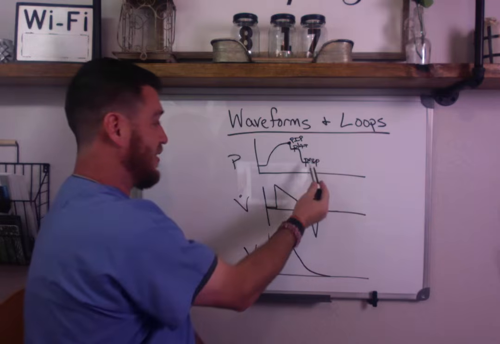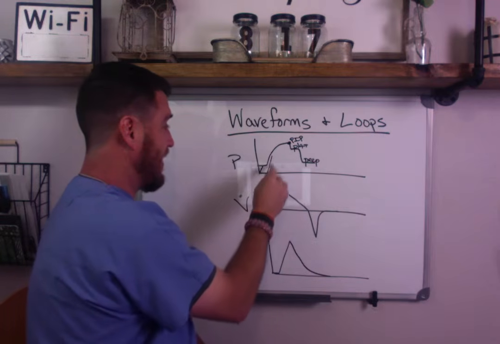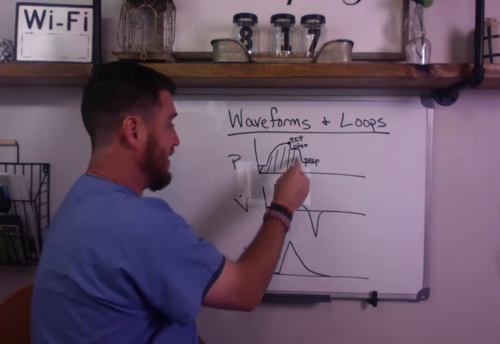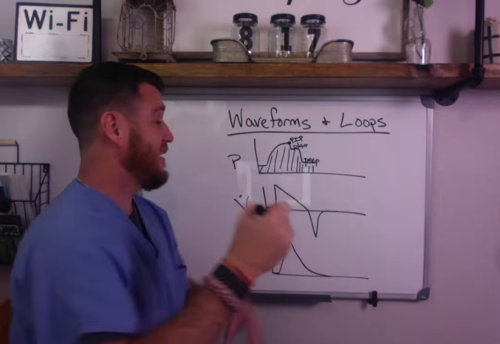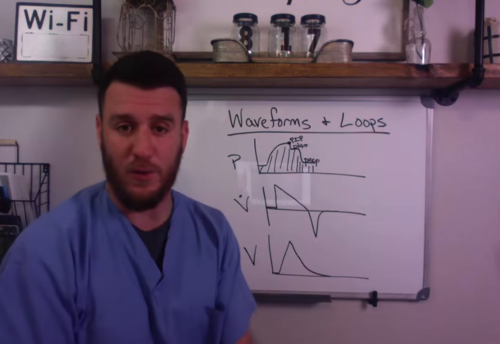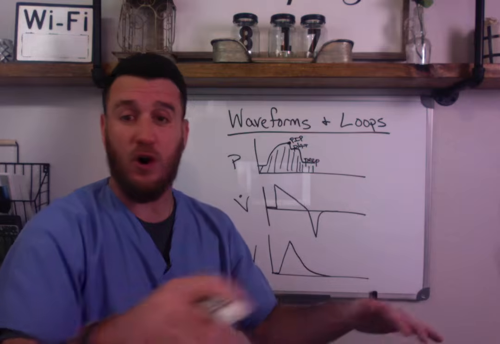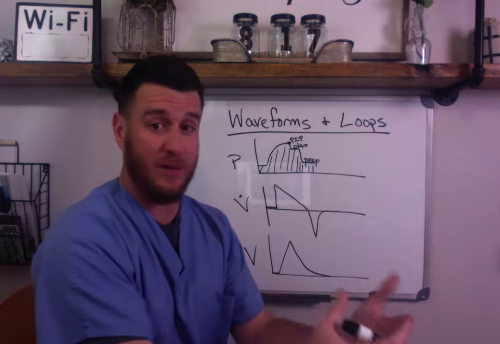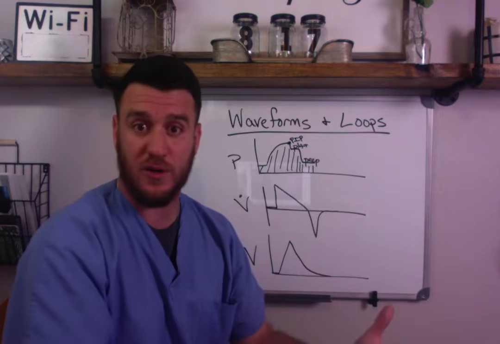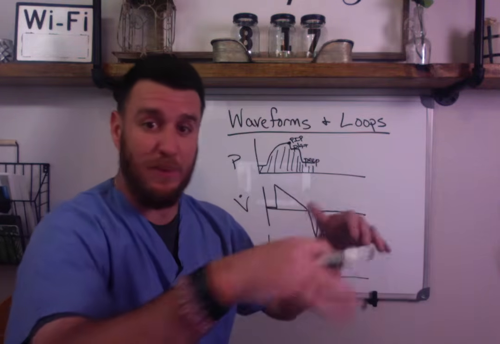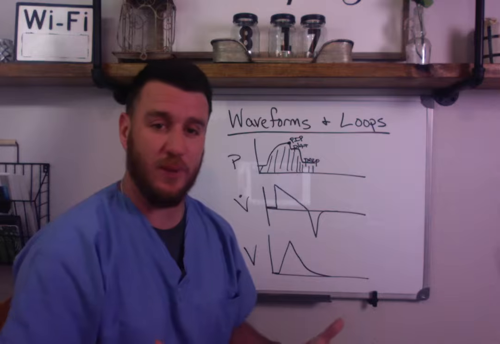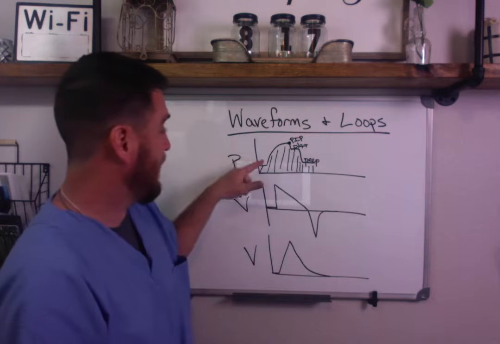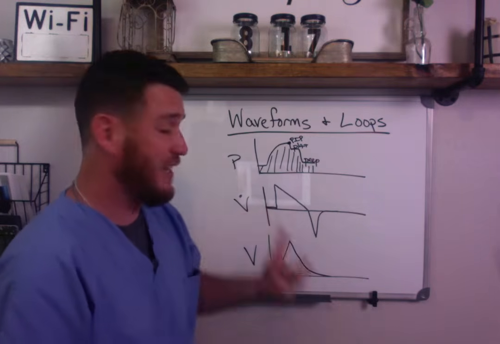Now, after we return to PEEP, we can assess mean airway pressure by looking at the amount of space beneath the waveform. It's an average of all the pressures throughout all the breaths. So if you spend more time at PEEP because you have a slow respiratory rate and you're at PEEP a lot, then obviously you're going to have a lower mean airway pressure. Now, if we increase the PEEP, then obviously mean airway pressure is going to increase.